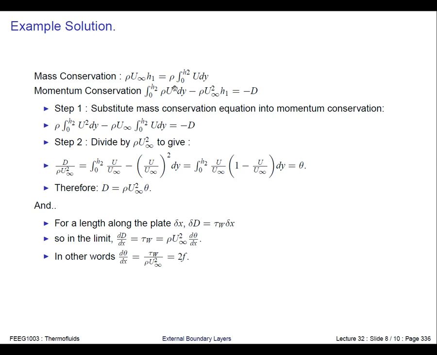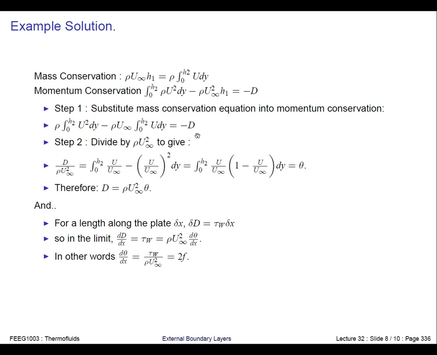So effectively you can substitute this term into here and you can end up with this term here. And then the next step is to divide everything by rho u infinity squared.